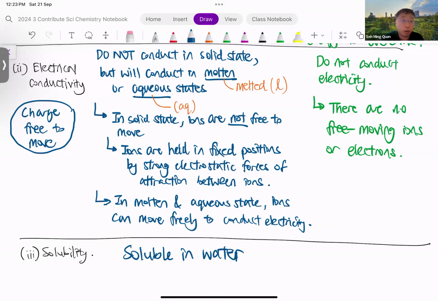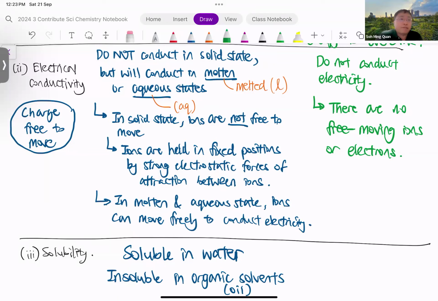They are soluble in water. For example, magnesium chloride is soluble in water. But they are insoluble in organic solvents. Organic solvents means things like oil. So magnesium chloride is insoluble in oil. You cannot dissolve magnesium chloride in oil.